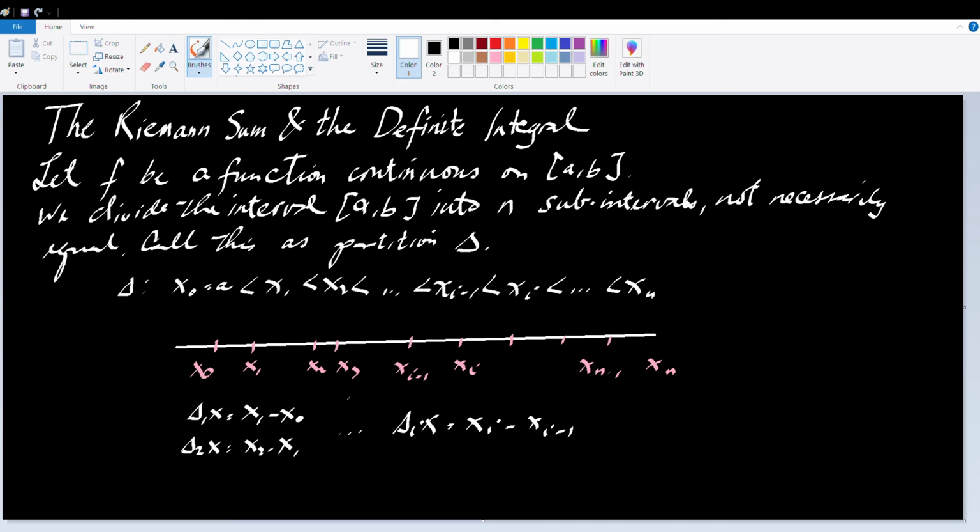Next, we're going to choose a point in each subinterval. Let us call that point c. So for the first subinterval, let us call that c sub 1.